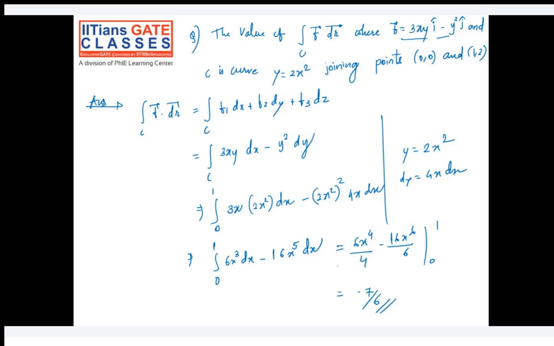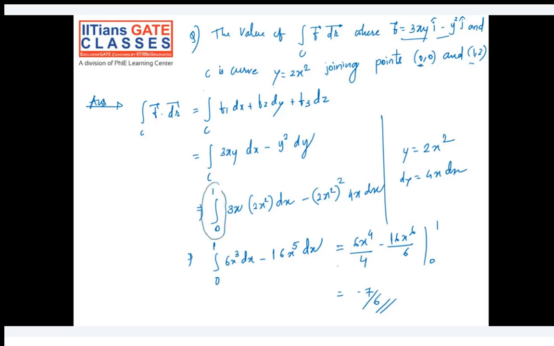If I want to convert this equation entirely in the form of x, how is x varying? x is varying from 0 to 1 itself, right? So that's why I have written 0 to 1, and in place of y I am writing 2x square. So that's how I have converted the entire problem from two variables to a single variable, because they have given us the relationship between x and y.